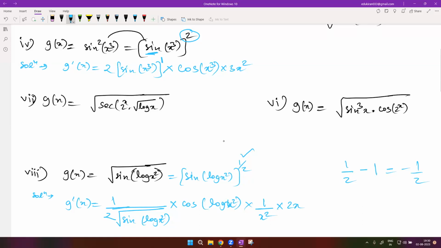So there were 4 functions involved basically. The first function is the constant power, which will be treated like an algebraic function. The second function is sine, trigonometric. Third is log, logarithmic, and fourth is again x square, which is an algebraic function, right? So this is how we are proceeding.